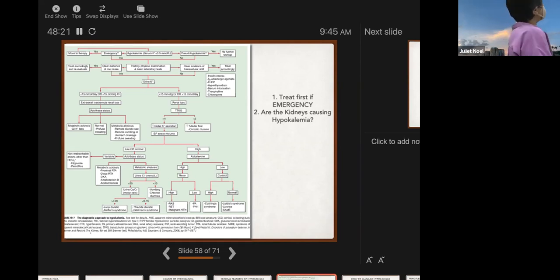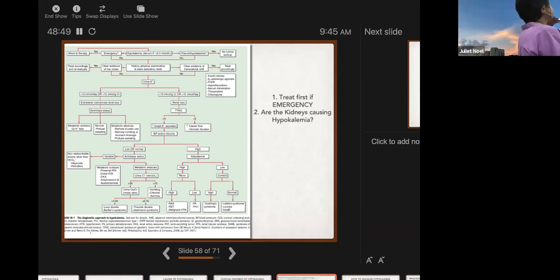So if you have renal loss, you will have to compute the TTKG. You don't have to know that. You just have to be familiar that there's such a thing as TTKG. It's a complicated computation. If the TTKG is more than 4, then you would think of distal potassium secretion.